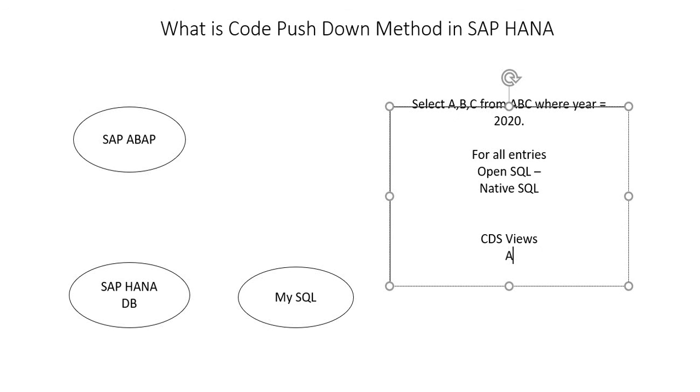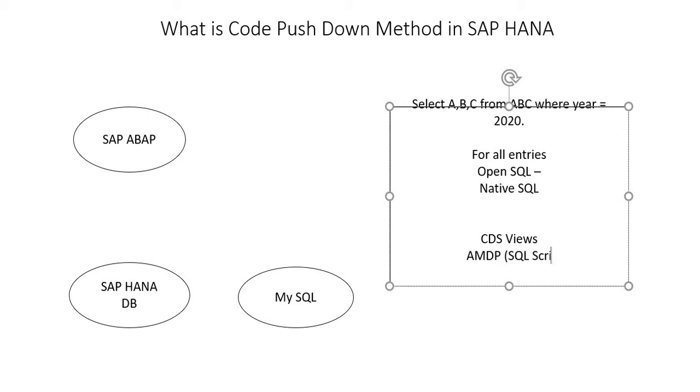And a few more things, like we have AMDP. So what is AMDP? AMDP is also a kind of extraction logic that you can write completely in SAP HANA using SQL script.